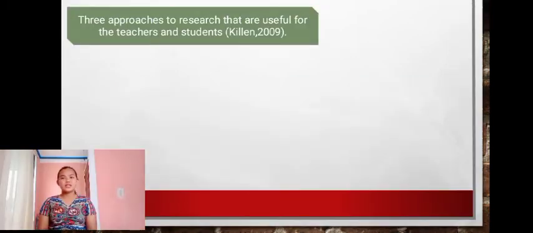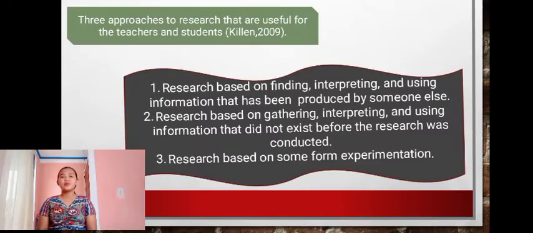According to Killeen 2009, there are three approaches that are useful for teachers and students. First, research based on finding, interpreting, and using information. Before we conduct research, we look for a guide.